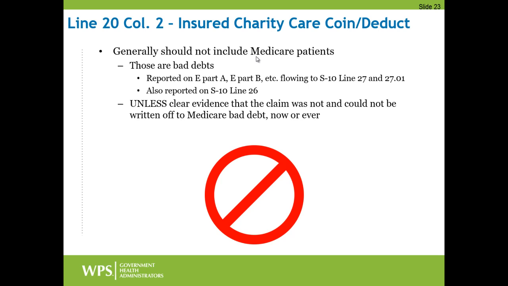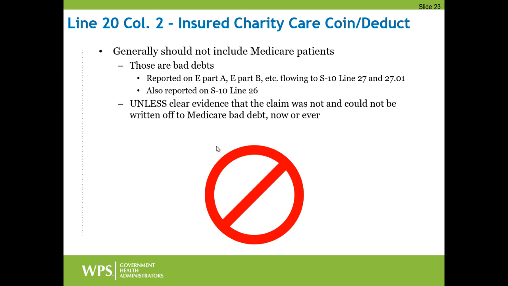And I say generally because usually if those were uncompensated, that would generally be written off as a Medicare bad debt to be reported on Worksheet E Part A, E Part B. And again, that other 35% of it that was not covered by Medicare would already flow to Worksheet S-10, line 27 and line 27.01. And of course, that would be part of the total reported on S-10, line 26.